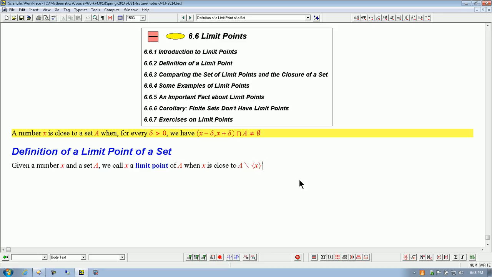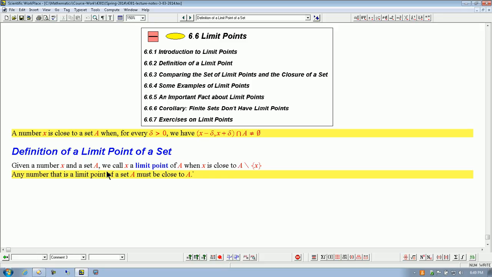So I want to say something immediately to you. Any number that is a limit point of a set A must be close to A straight away.